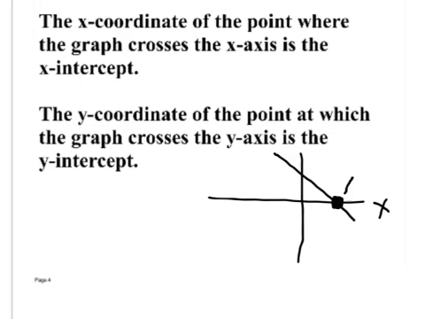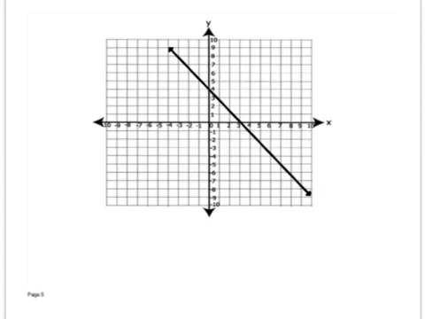The y-coordinate of the point at which the graph crosses the y-axis is the y-intercept. So this point where it crosses the y-axis is called the y-intercept. So if we have a graph here, this is my y-intercept, and this point right here is my x-intercept.